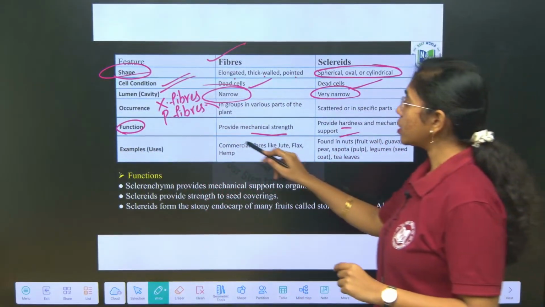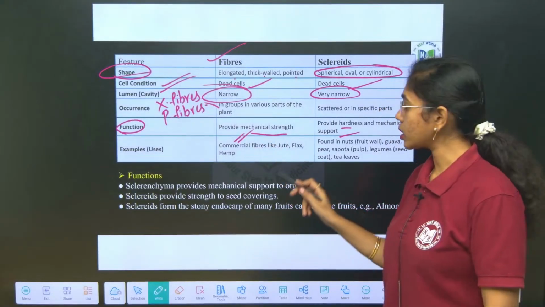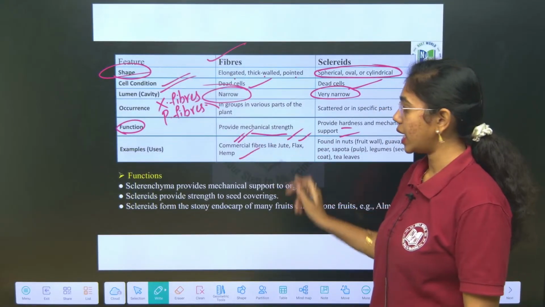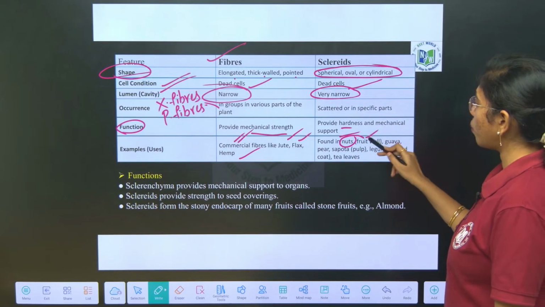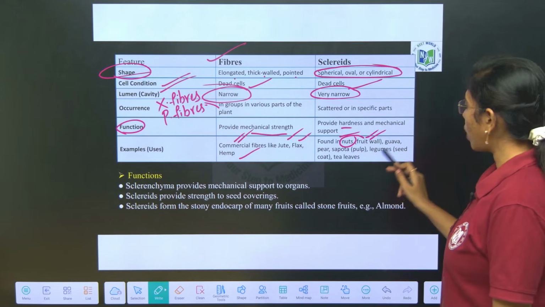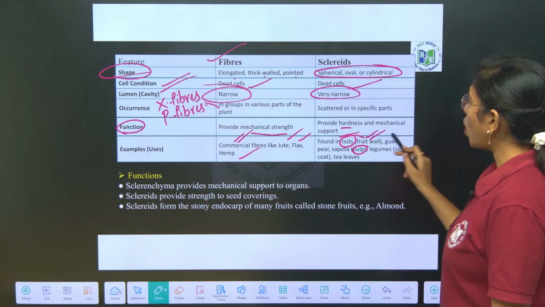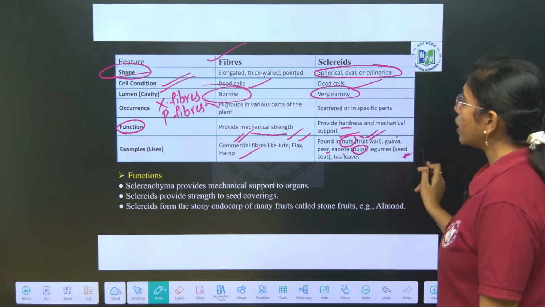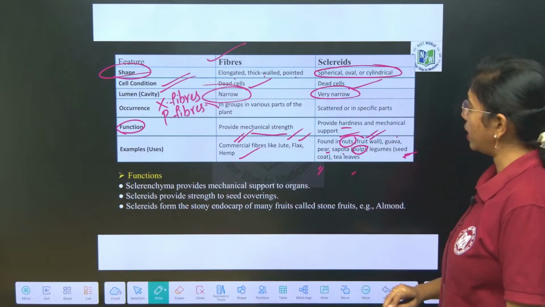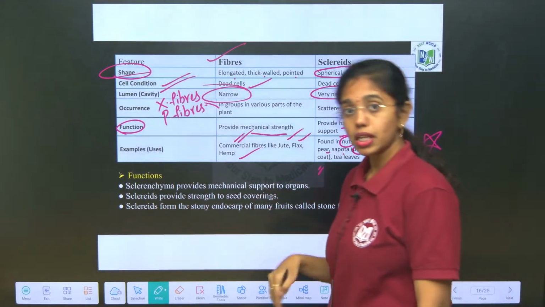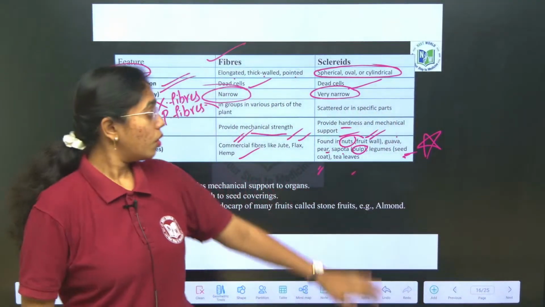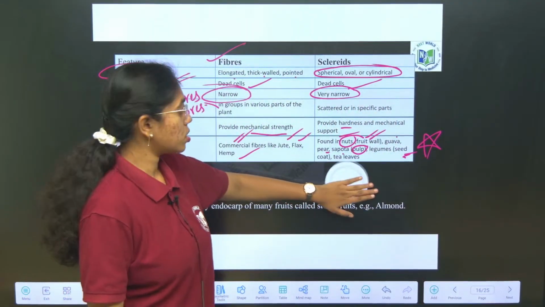Fibers are used as commercial fibers such as jute, flax and hemp. Sclereids are found in nuts and fruit walls, and in the pulp of guava, pear and sapota, the seed coat of legumes and in tea leaves. This question is asked many times in your EAPCET and NEET exams: where do you find sclereids?